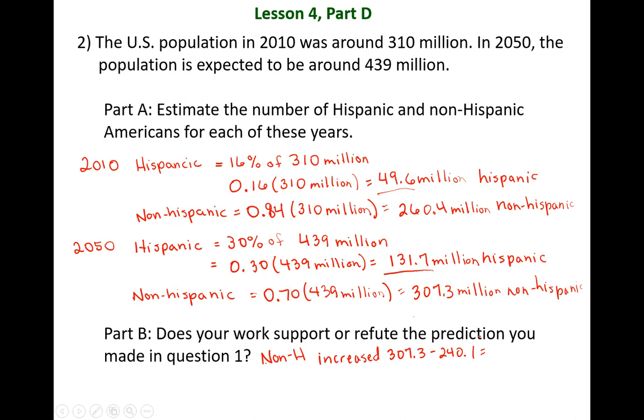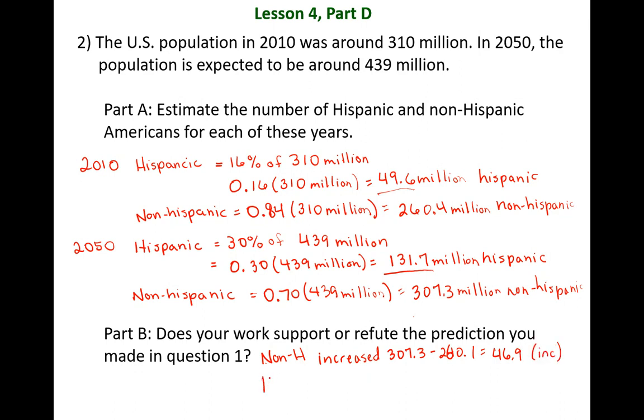The absolute change of 307.3 minus 260.4. That's 46. Whoops, I wrote down that's supposed to be a 6. 260.4. That's an absolute change of 46.9 million. That's an increase.